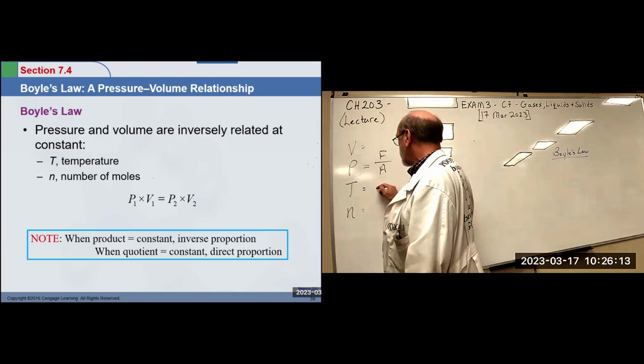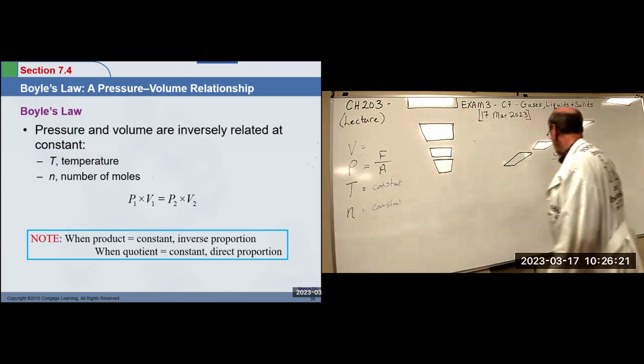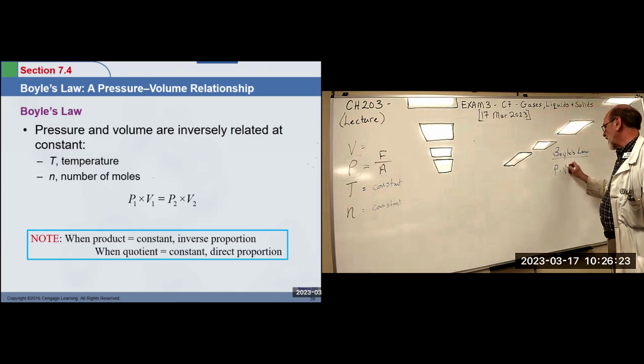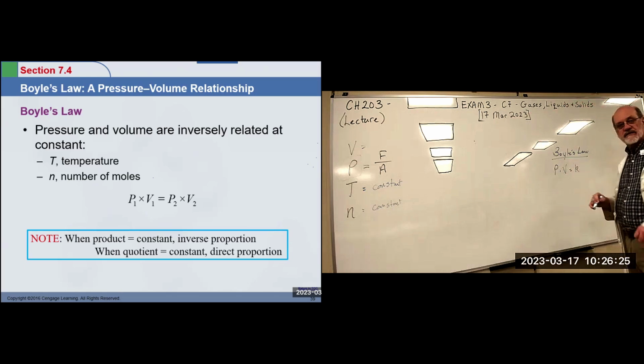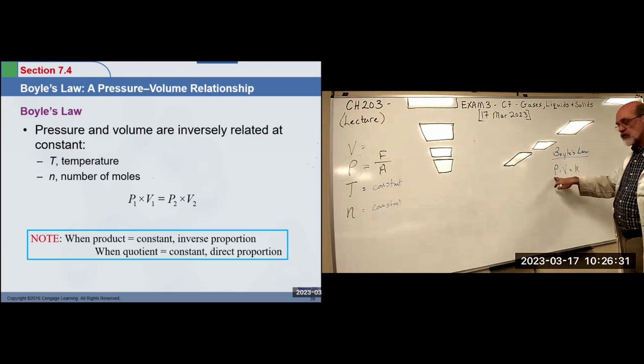So for Boyle, he held the temperature constant and the number of moles constant. What he found was that pressure times volume is a constant value. So if the pressure increases on your trapped gas, then the volume will decrease. That's an inverse relationship.